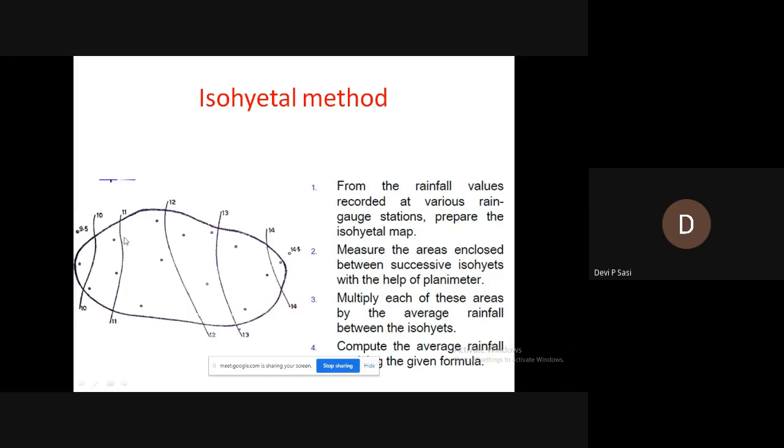If you consider the area enclosed between isohyet 11 and isohyet 12, then it should be multiplied with 11.5.